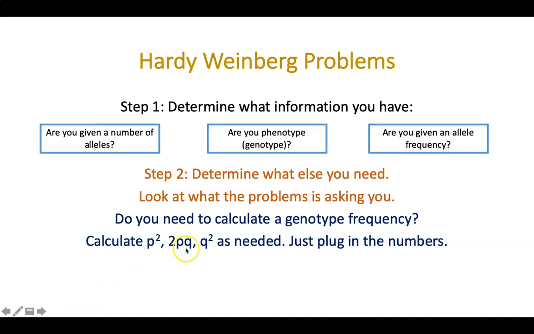If you're asked for something like the heterozygotes or the carriers, you're going to have to plug in 2 times p times q and calculate that. Because you were likely given the q squared in the beginning, you don't often have to calculate this one, but if it's part of the problem, then you need to do that. I find that step 2 is actually the easy part. Once you get your p and q, it's really just plugging in to answer the question.